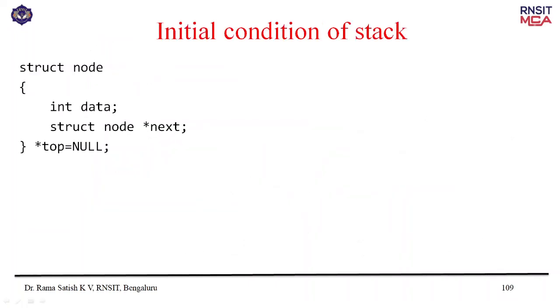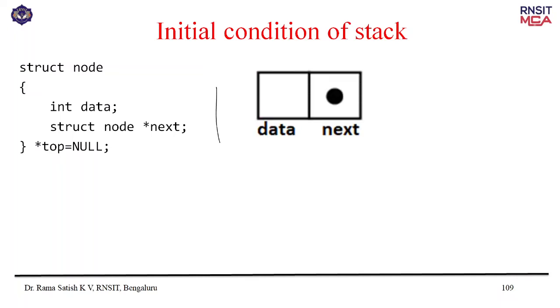So let us see this implementation one by one. Initially, you have a struct node. As soon as you create a node, data and next pointers are created. Initially, top is pointing to null.